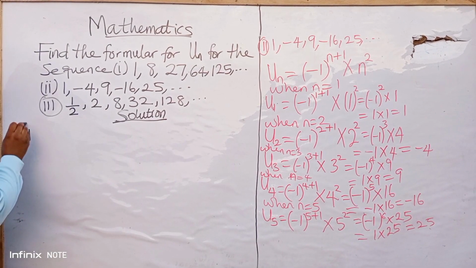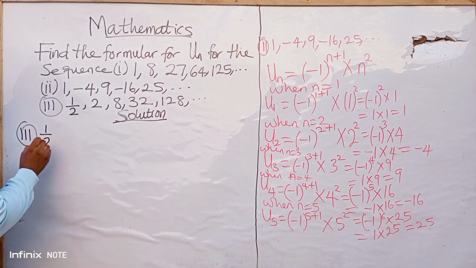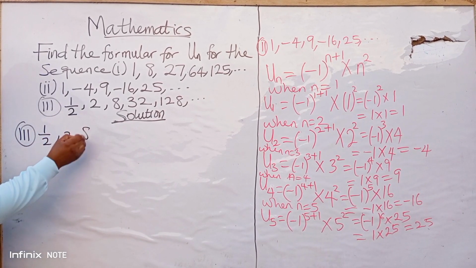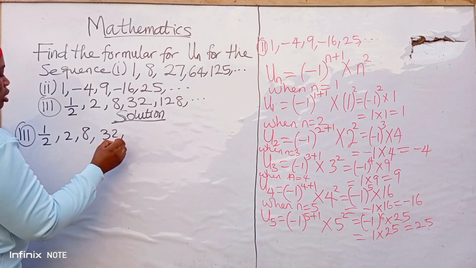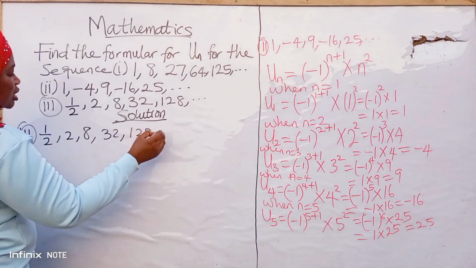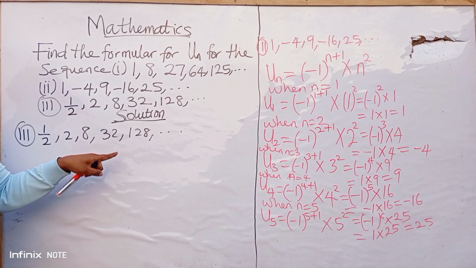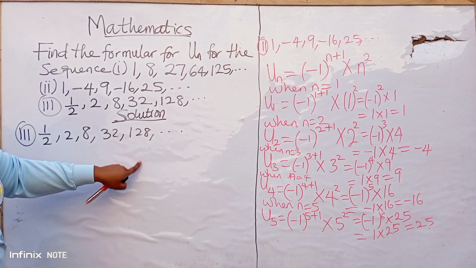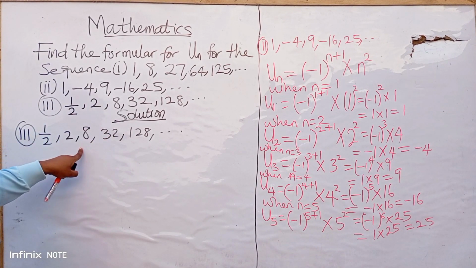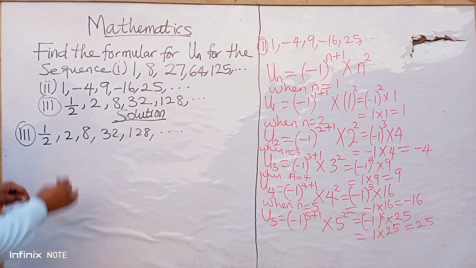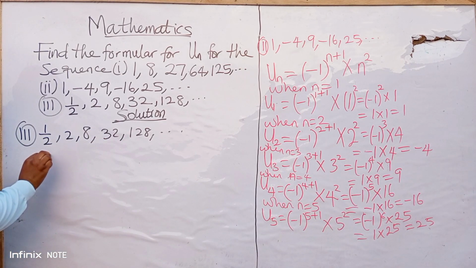Number 3: 1 over 2, 2, 8, 32, 128, and so on. Here, let's check. We can find this one through GP, geometric progression. Let's find the common ratio.